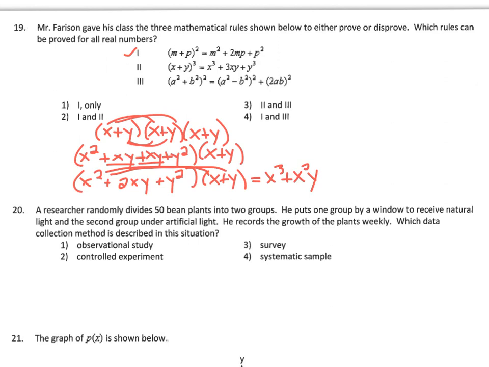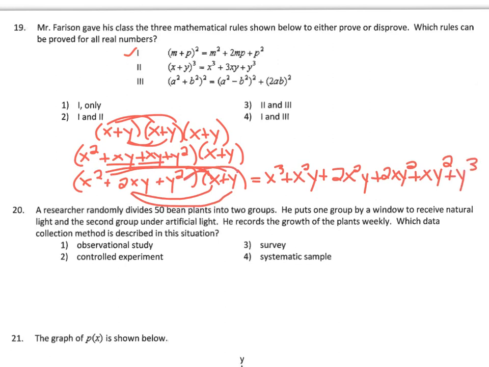Now let's distribute the 2xy to both terms. 2xy times x is 2x squared y, and 2xy times y is 2xy squared. Now let's distribute the y squared to both terms. y squared times x is xy squared, and y squared times y is y cubed.